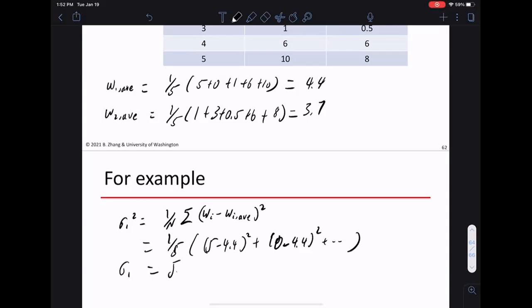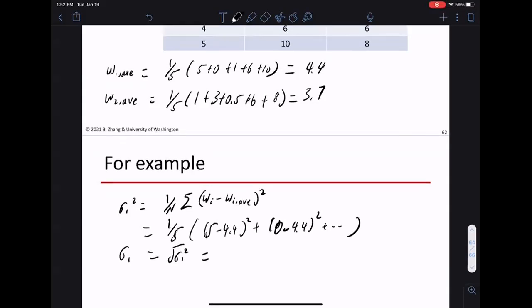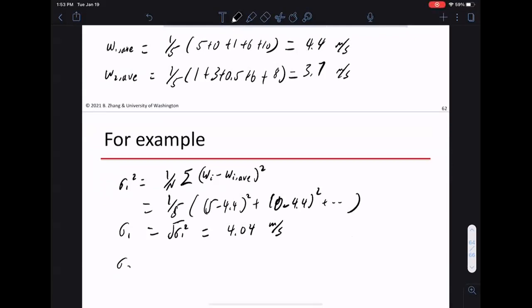Sigma 1 is the square root of sigma 1 squared. If you take the square root, we get 4.04. Similarly for sigma 2, we get 3.23 meters per second. So these are the individual ones, the so-called marginal values.